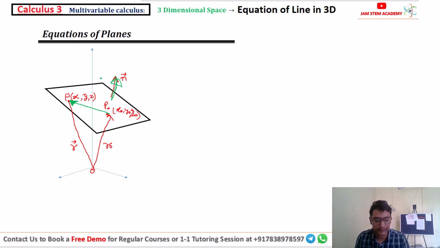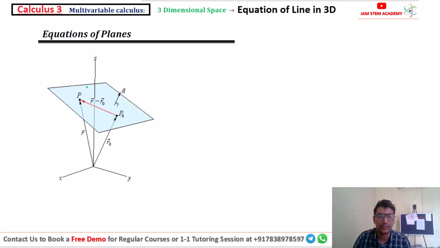So I can say r minus r naught, final minus initial position, which is P naught P, is perpendicular to the n vector.